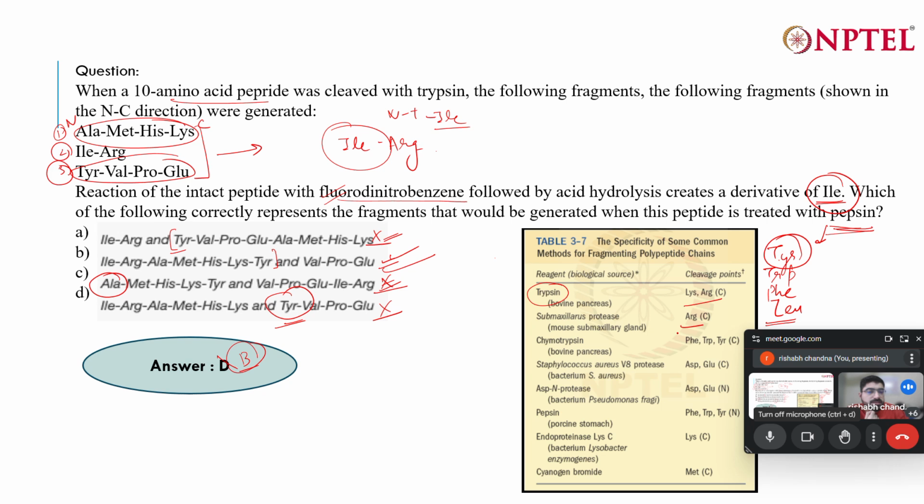Then chymotrypsin cleaves after phenylalanine, tryptophan, and tyrosine. And Staphylococcus aureus V8 protease cleaves after aspartate and glutamate. Likewise, pepsin cleaves after phenylalanine, tryptophan, and tyrosine, and leucine also. And endoproteinase Lys-C cleaves after lysine, and cyanogen bromide cleaves after methionine.